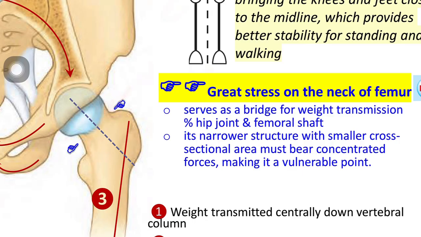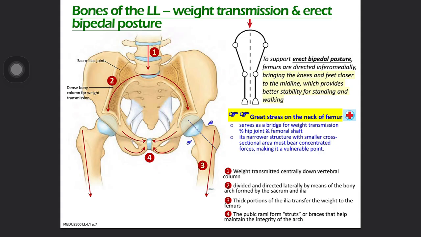So that's why from time to time you will hear about old people with this injury. Why does it usually happen in females? Can you suggest a reason behind it? So if something is a narrow bridge carrying a heavy load every day, what happens when the material becomes weak, as in osteoporosis?